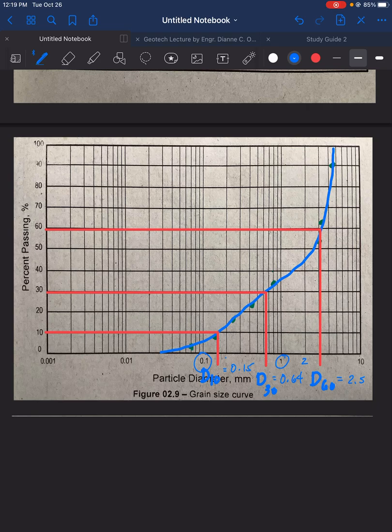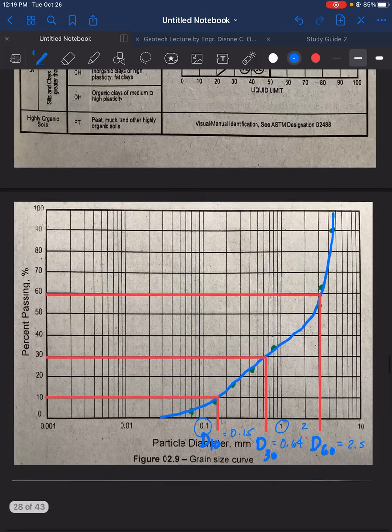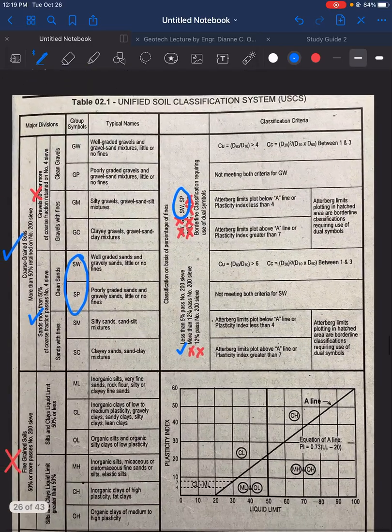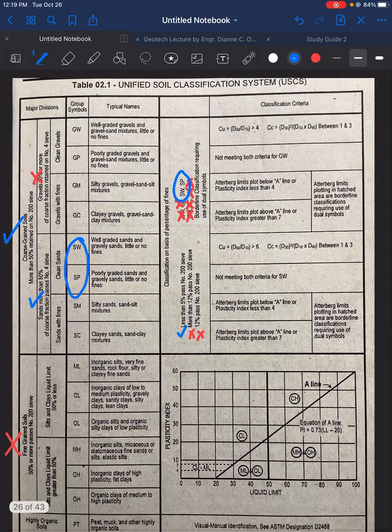So this is going to be time consuming because you will need to plot and then look for the diameter that is in the 60% passing, 30% passing and 10% passing. But what about the second method? If we use the calculator, will we find a value that is near?